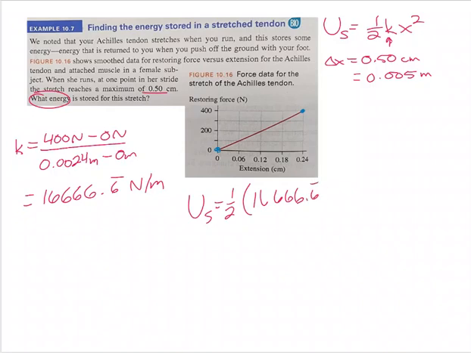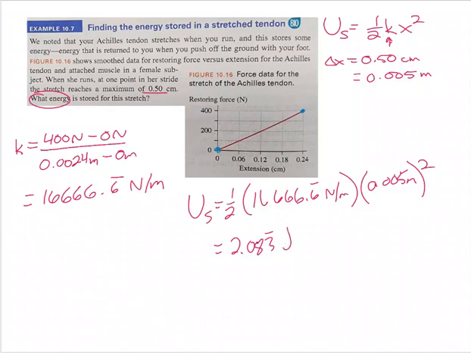Just use your calculator's answer though. Newtons per meter, and then times the 0.005 meters, but don't forget that it's squared. What do we got? 2.083 repeating. What are the units on this one? Joules. Joules, and then significant figures here.